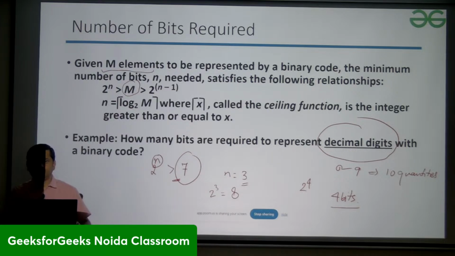So how much information is going to be wasted, like useless code? If we represent the decimal number system by 4 bits, how many code words will be useless? After 9, just look at the possibilities. 4 bits can represent hexadecimal, 0 to F. But your requirement is to represent 0 to 9 only.